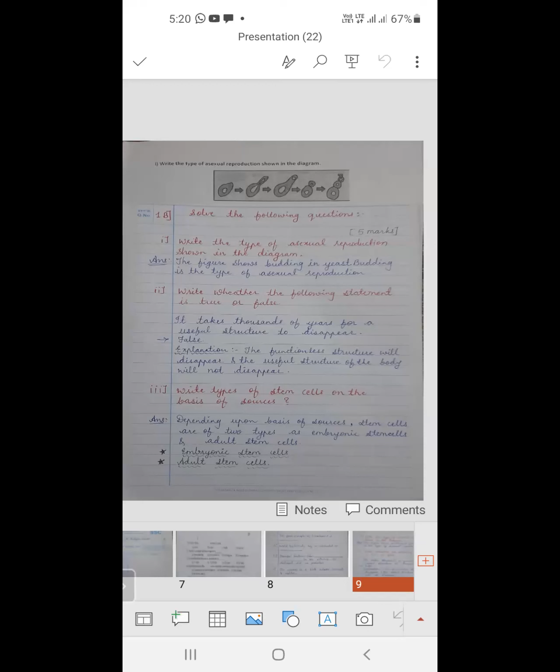You have to give some heading to those two types. The first one is embryonic stem cells, and the second one is adult stem cells. While checking, it will be easy for the examiner.